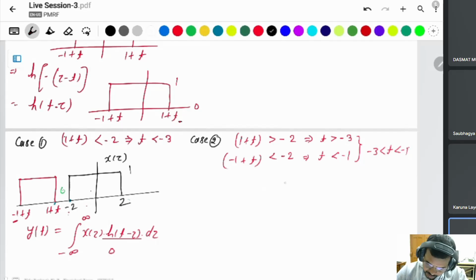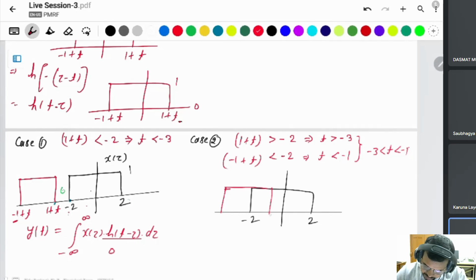Then how does it look? It is the same as previously, minus 2, 2. This looks like this, minus 1 plus t, and this is 1 plus t. Then there is an overlap between them from minus 2 to 1 plus t.